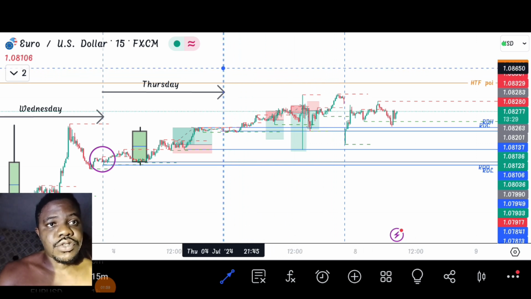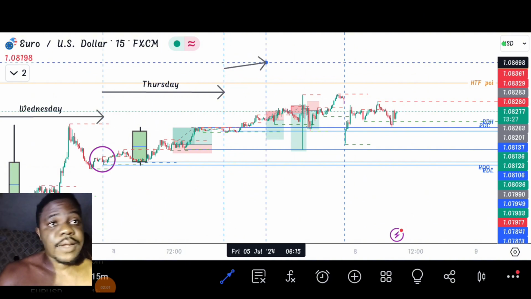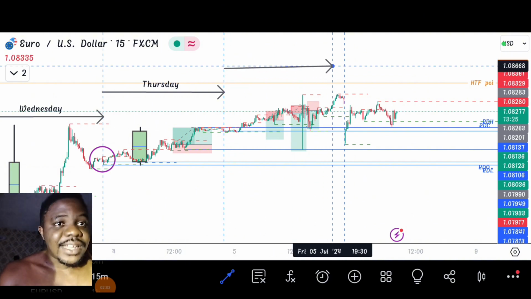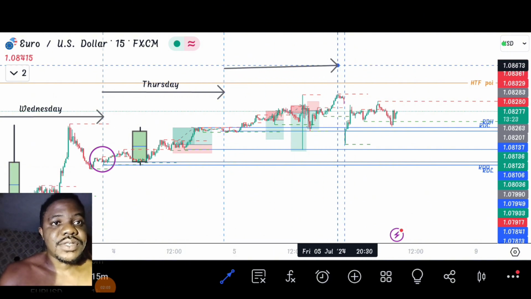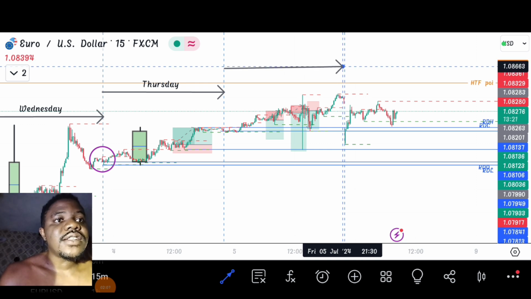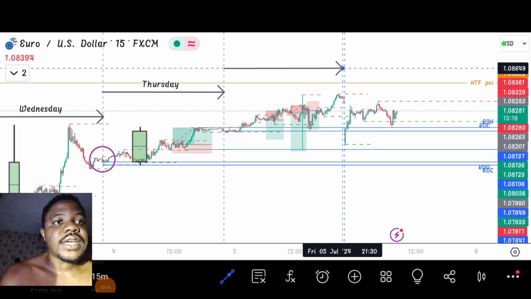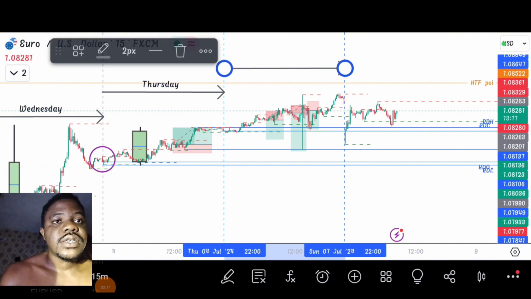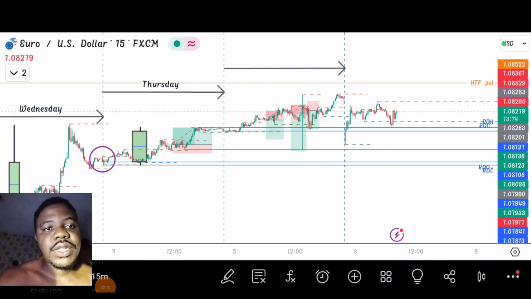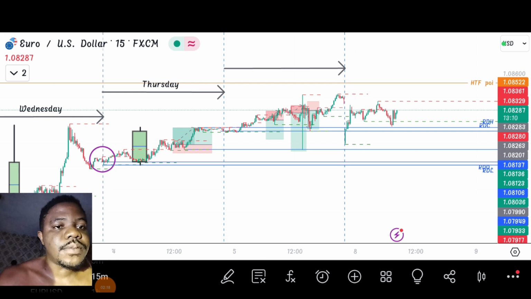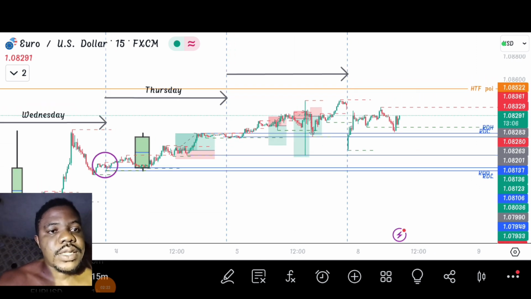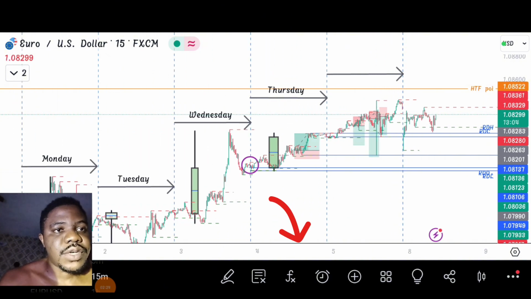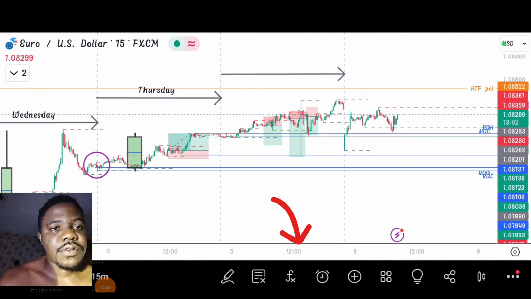So if you're new to my YouTube channel and you don't yet know how to put these particular session break lines on your chart, you want to do it now. Just go to your TradingView, and you see this part of the screen where you can shrink the screen from down, where you have the date and the time.